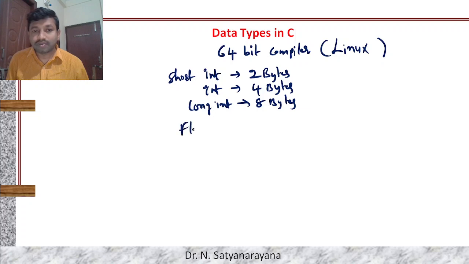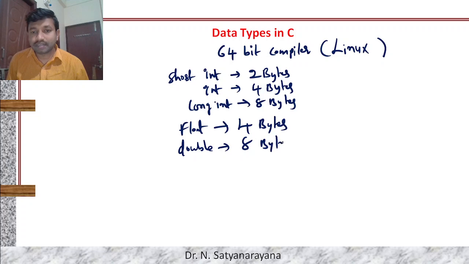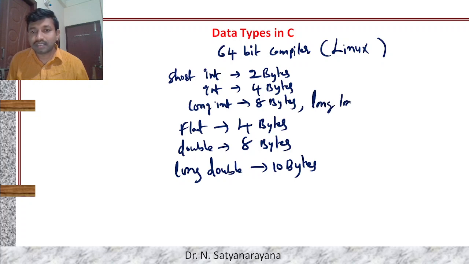Float is 4 bytes. Double is 8 bytes. Long double is 10 bytes. There is also a variant called long long int, and for this also we allocate 8 bytes.